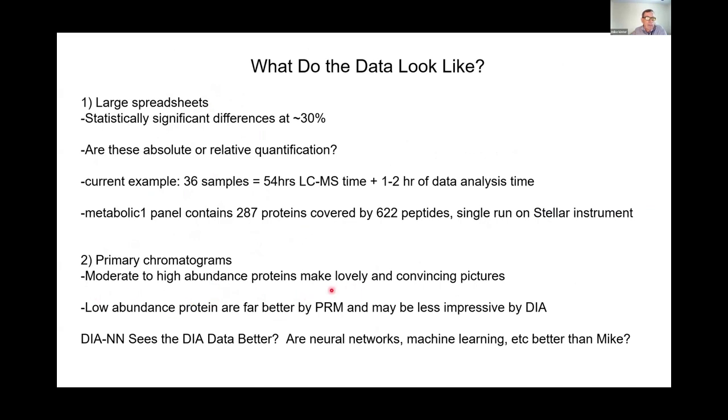Moderate to high abundance proteins, as I say here, make lovely and convincing pictures, the sort of thing that convince reviewers, convince PIs, etc. Lower abundance proteins are detected far better by the PRM experiment, and some of them may be far less impressive by DIA and perhaps even a little bit discouraging, until you remember that these programs now use pretty powerful computer stuff, neural networks, machine learning, and whatnot.